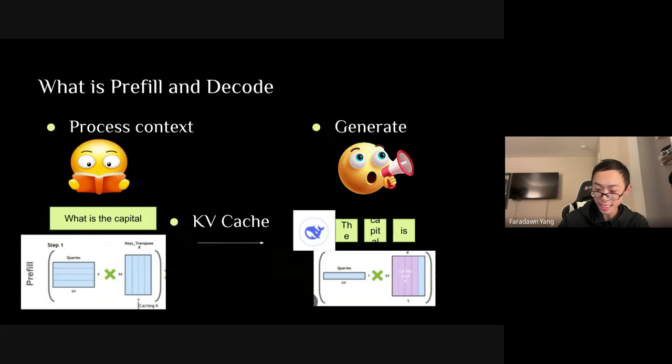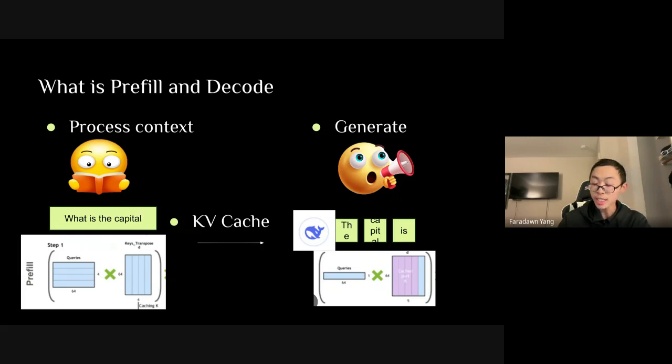How does KV cache come into play? After the prefill phase, you will get the QKV, the intermediate states of the context. So they are the meaning of each token. Each token has a K and V cache associated with it. And then we will pass this to the generation phase, which is the purple shade on the bottom right.